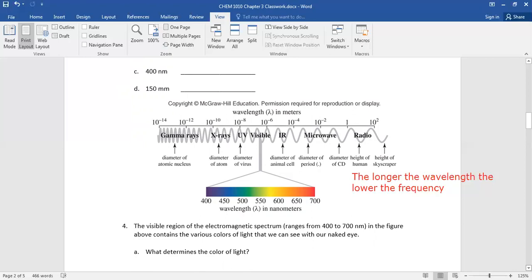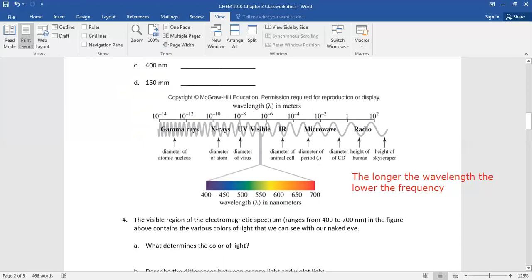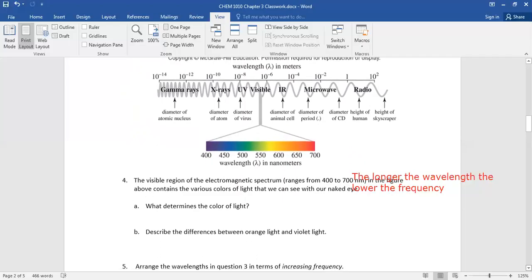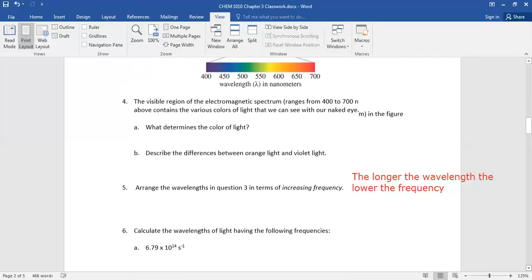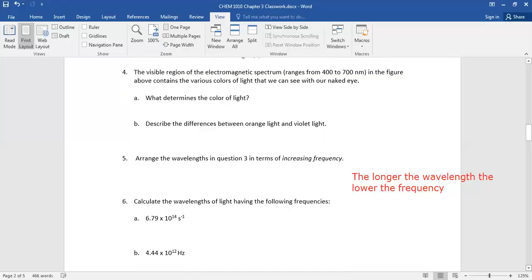By arranging them in order of decreasing wavelength, you'll also be arranging them in order of increasing frequency. So arranging in order of decreasing wavelength is the same thing as arranging them in order of increasing frequency.